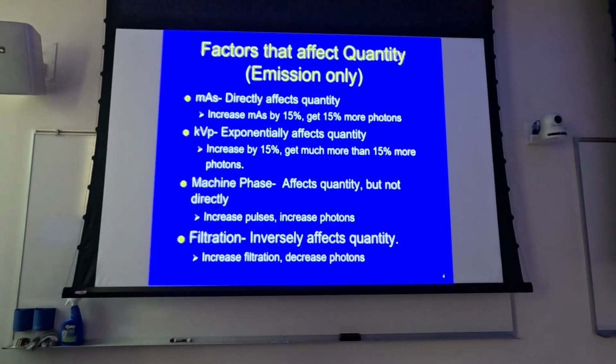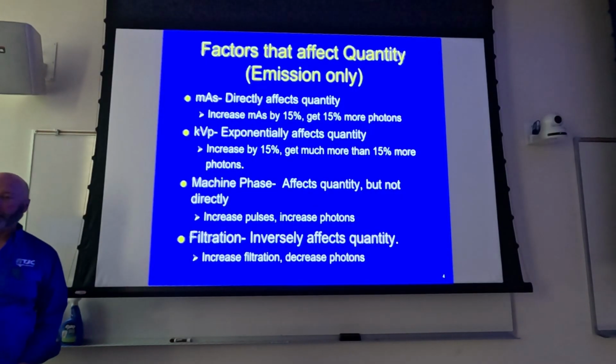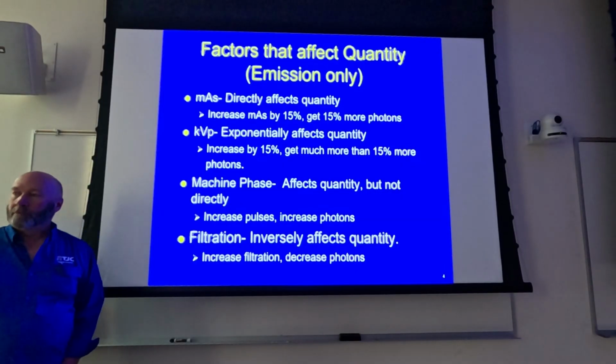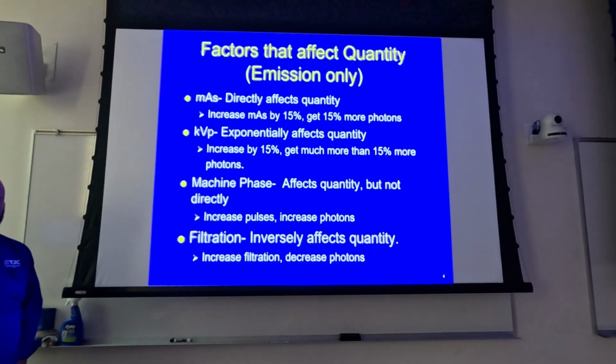You triple your mass, you triple the output from the X-ray tube. It's just a quantity of electrons you send across the tube, and that translates directly into the quantity of X-rays that you create. So the more electrons you send, the more electron interaction you have on the target, and the more X-rays you create. So it's direct in every way. You increase one, you increase the other by the exact same amount.